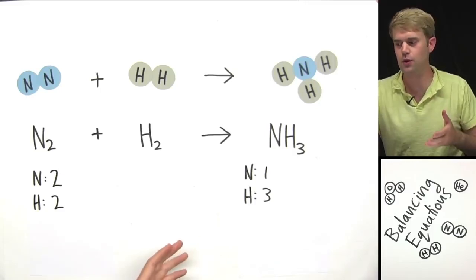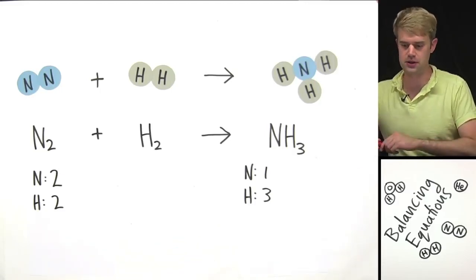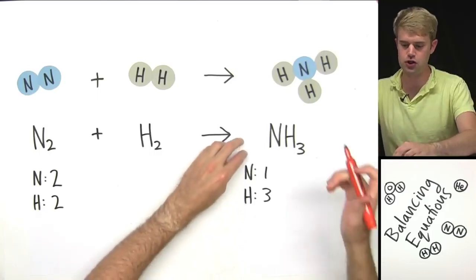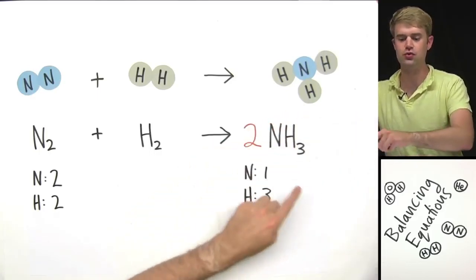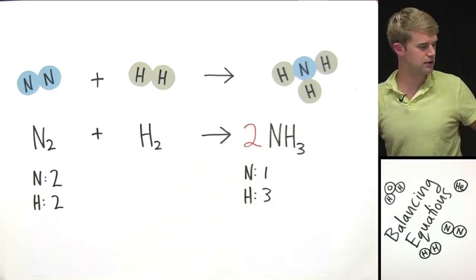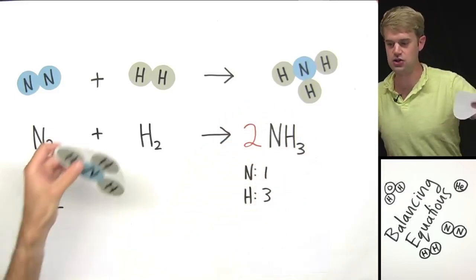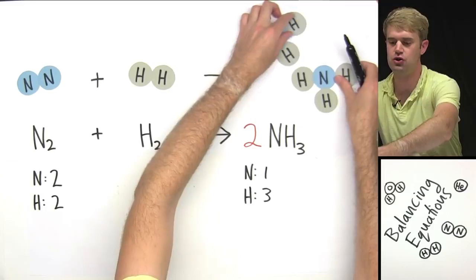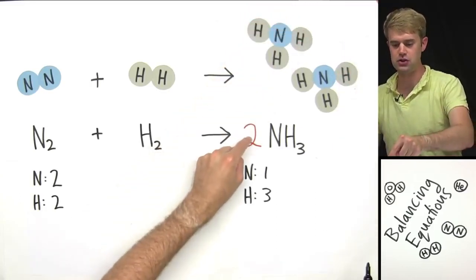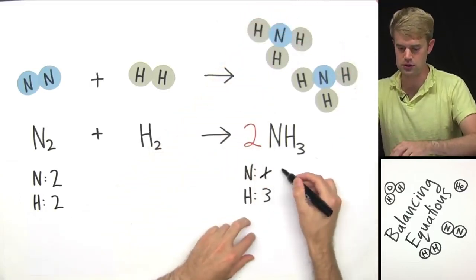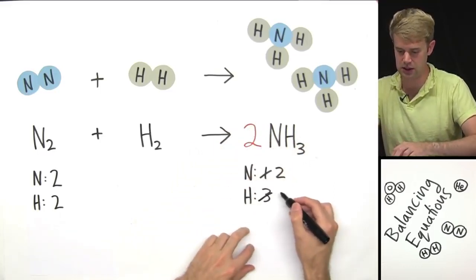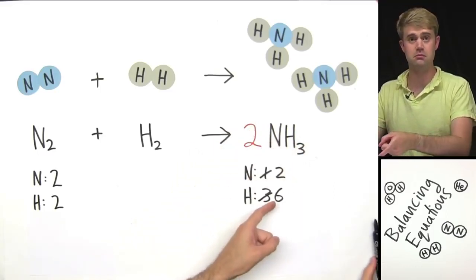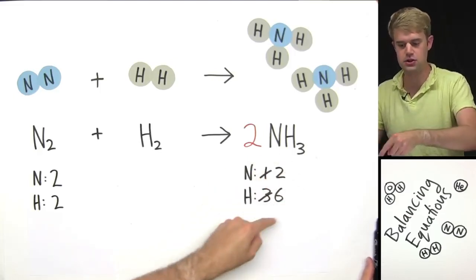So one thing that we could do to start out balancing this is we could put a 2 in front of NH3 here. So that would multiply this whole thing by 2. So now we'd have 2 of these, and that would give us 2 nitrogens. And now we have 2 times 3, which is going to give us 6 hydrogens. Okay? So that's how we use this chart.